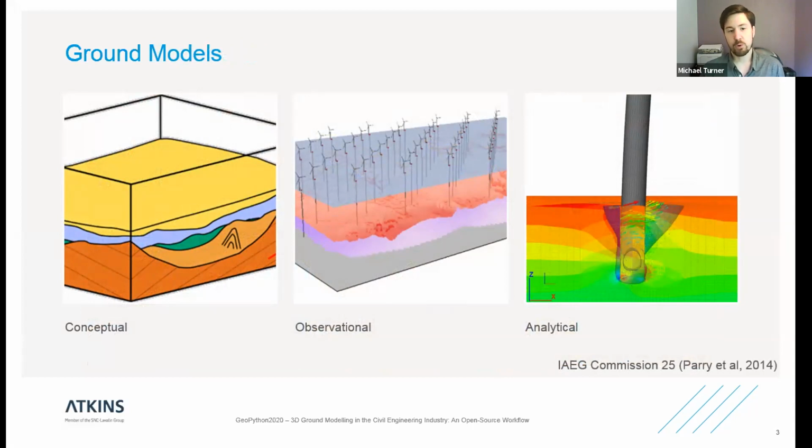So the ground model progresses from a conceptual outline of the conditions that you might expect based on the general geological context of the site, through to an observational model that's based on investigation and test results, and then finally through to an analytical model that's actually used to do the design calculations. Over the past few years, there's been a real acceleration in the use of 3D digital ground models to better visualize the problem, especially for the observational model stage.